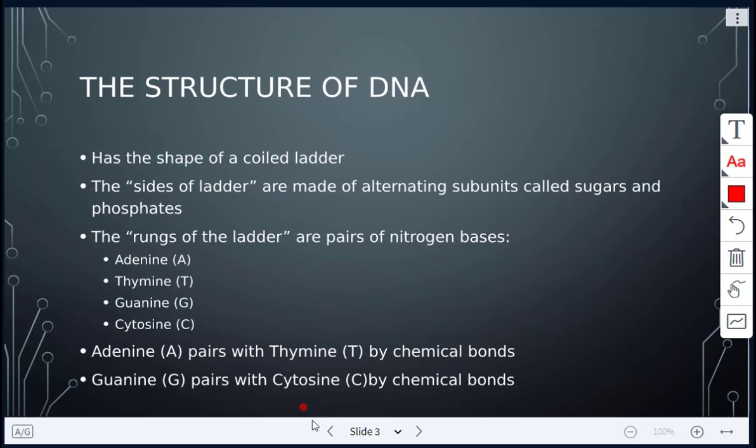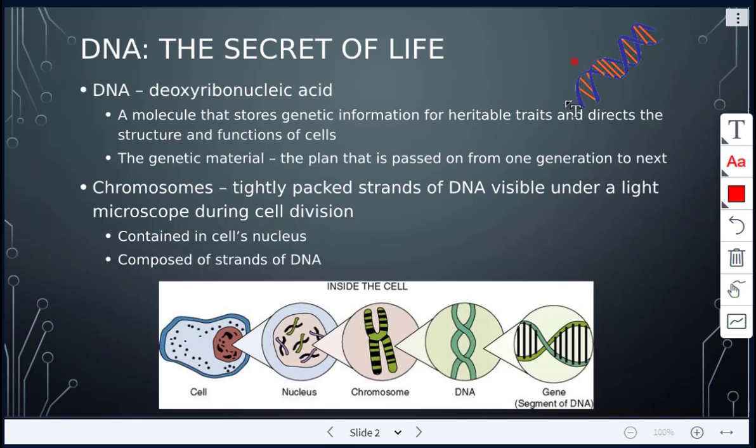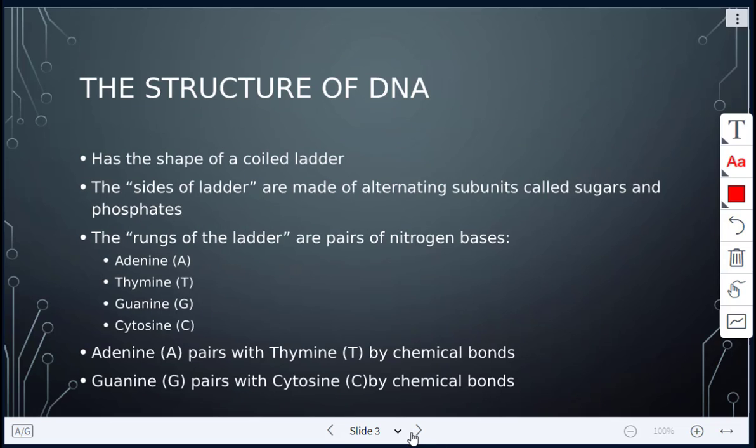So like we saw in this diagram here, DNA basically looks like a coiled ladder. So basically if you take a ladder and you kind of twist it, that's what the structure of DNA looks like. So the sides of the ladder are made up of alternating subunits of sugars and phosphates.